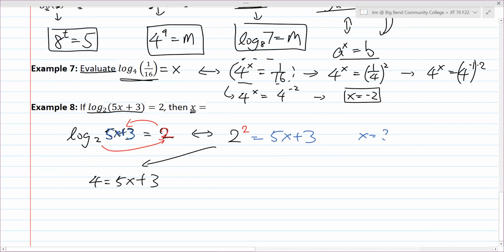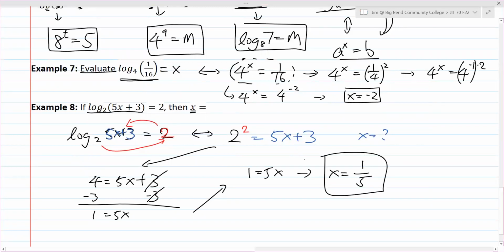Then you have 4 equals to 5x plus 3, and then the rest will just be the algebra work. These two values are canceled, so you have 1 equals 5x, and then you divide the equation by 5, and then you get x equals to 1 over 5, and then problem solved.